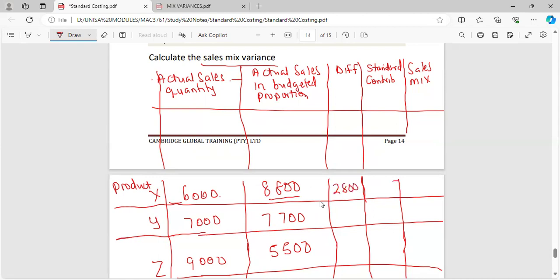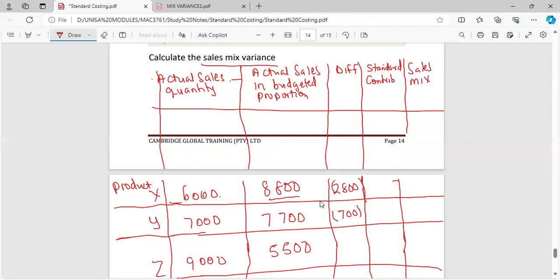2,800, which is what, unfavorable or favorable? Is it favorable or unfavorable? It's unfavorable. Yeah, your volume is very low. It's unfavorable. So we are going to have unfavorable here. And here also is unfavorable.